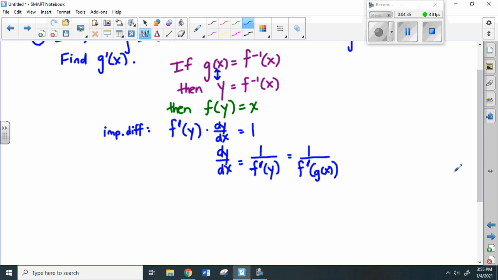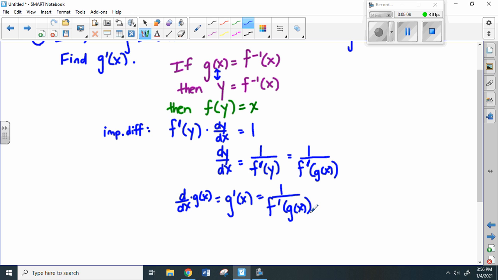We've taken the derivative of y, which was g of x, with respect to x. We've taken the derivative with respect to x of g of x, which is the same thing as finding g prime. And we have just found that it is 1 over f prime of g of x.